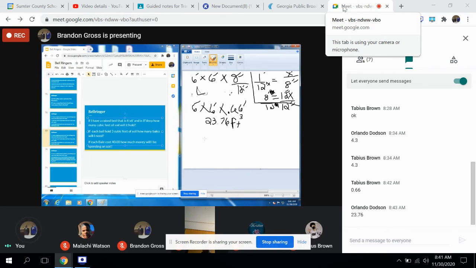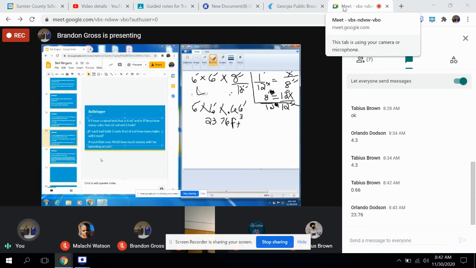All right, so if we rounded that up, it'd be 24 cubic feet, right? Before we finish the problem, you don't always want to round up until the very end of a problem. When you're purchasing things in real life, we would go ahead and round up.